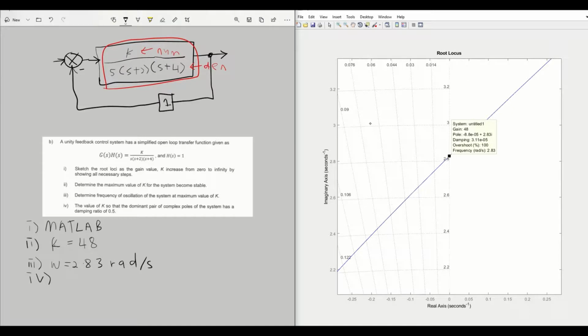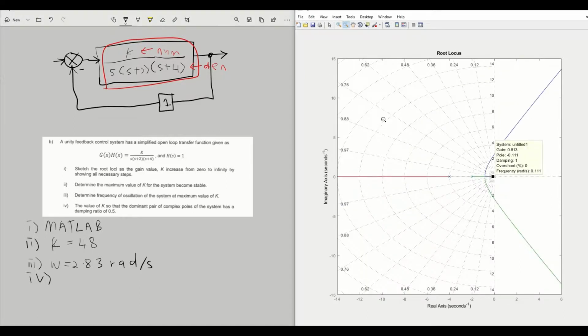Okay, so for the last question, it asks about the value of k so that the dominant pair of complex poles of the system has a damping ratio of 0.5. So we refer again to the graph. The lines of damping ratio are over here: 0.76, 0.62, 0.48. So the damping ratio of 0.5 lies somewhere between 0.62 and 0.48.